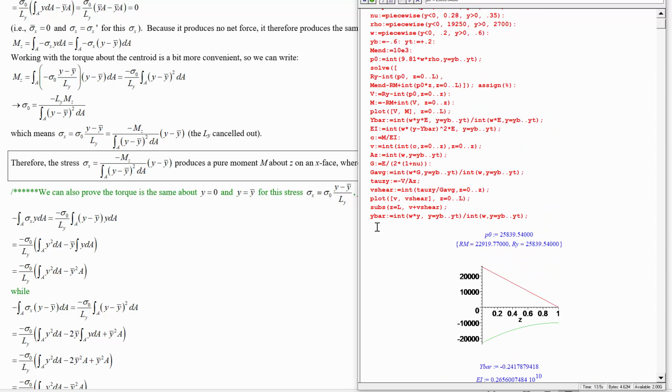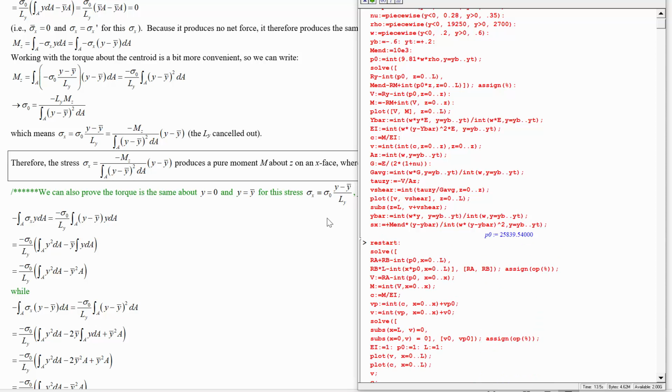Okay, so that's little y bar, and now we should be able to say sigma x is equal to, well, this is how much out-of-the-page moment, so if we want an into-the-page moment, then we'll say positive M end times y minus y bar, over the integral of w times (y minus y bar) squared from y bottom to y top.